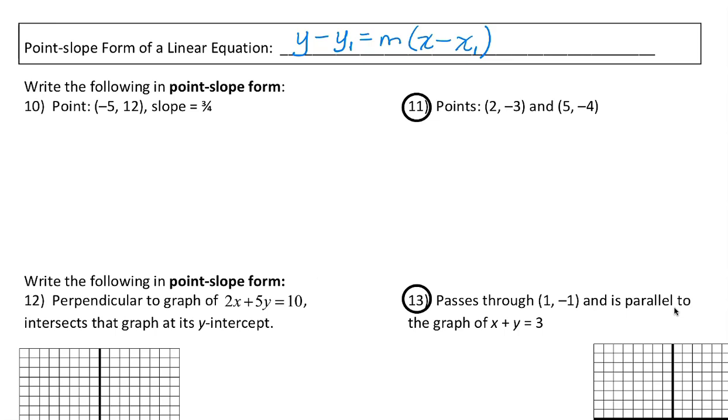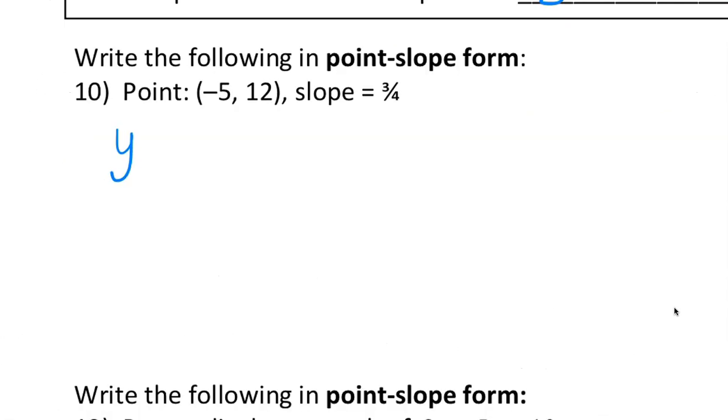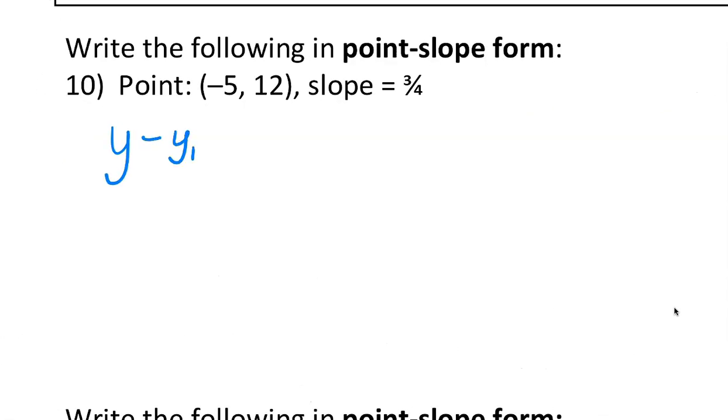Write the following in point-slope form on number 10. The general form is y minus y sub 1 equals m times x minus x sub 1. And we're going to be plugging numbers in here for the slope, here for the x-coordinate we're given, and here for the y-coordinate. The other x and the other y just stay put.